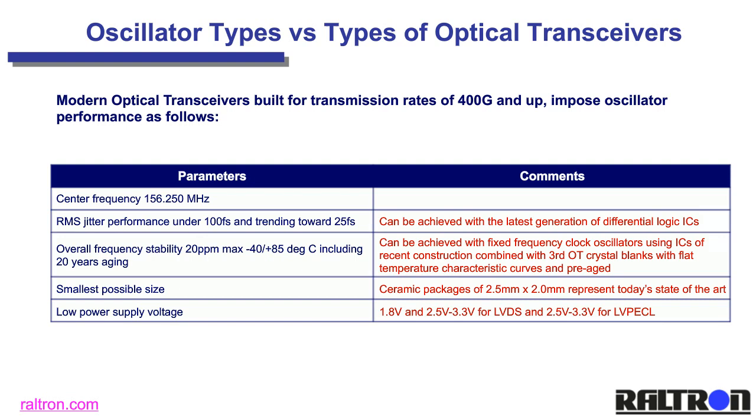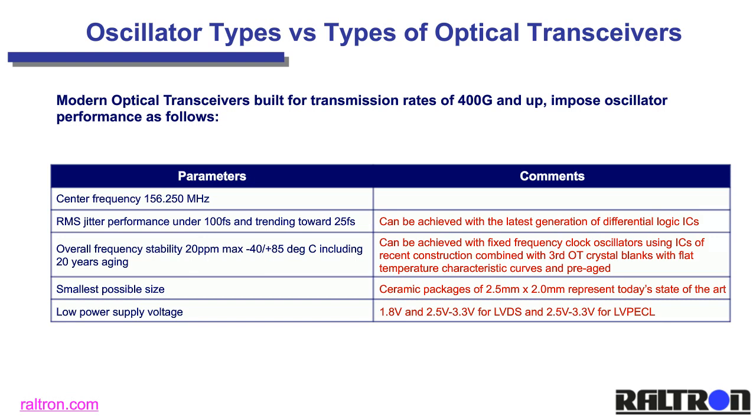And the next generation of DSPs, which is already being considered by many semiconductor players in this market, is trending toward 25 femtoseconds. So that's a preoccupation. We work in that direction. This level of jitter can be achieved today because of advances in semiconductors.